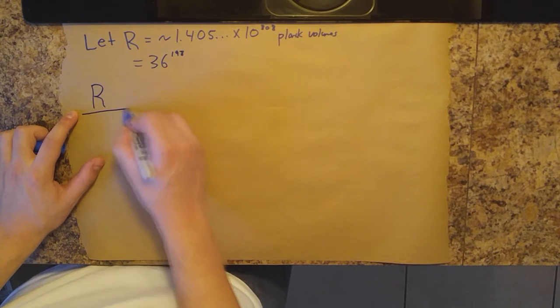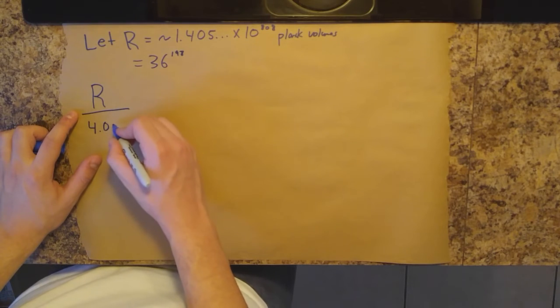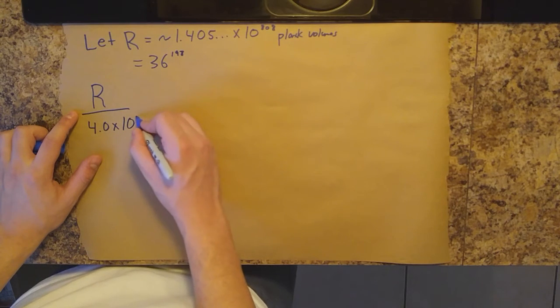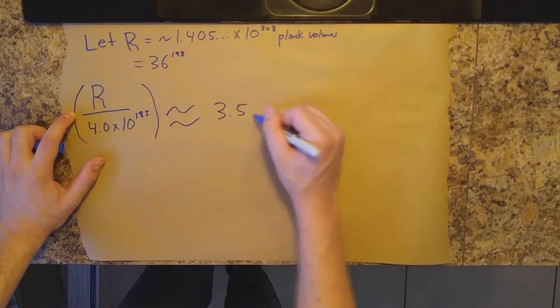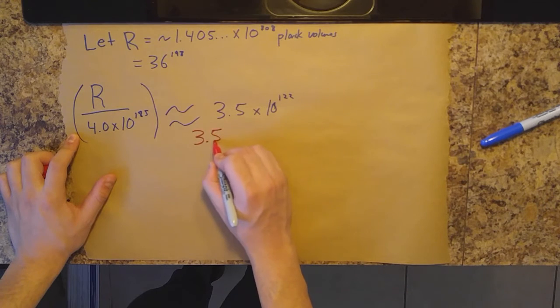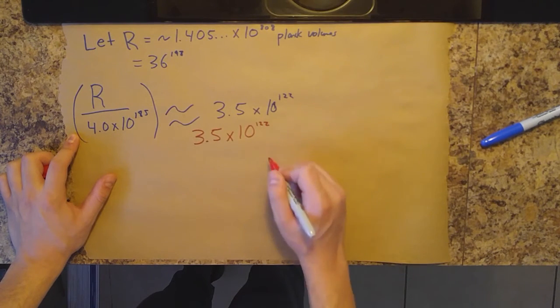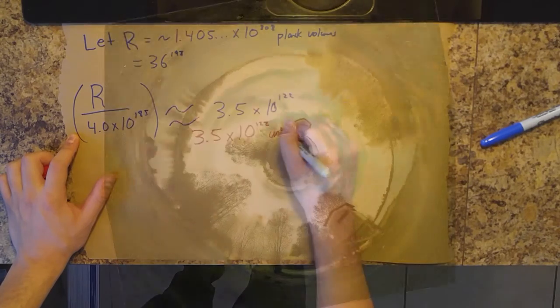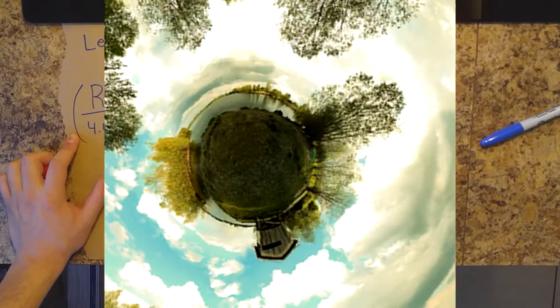So if we do R over 4.0 times 10 to the 185 power, we will get approximately 3.5 times 10 to the 122, which means you would need 3.5 times 10 to the 122 universes to get that number of Planck volumes.